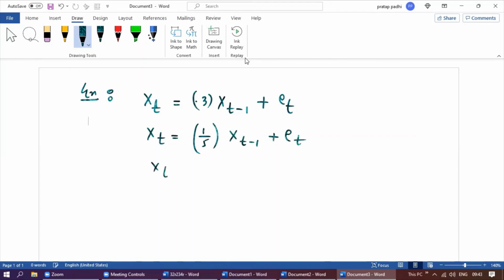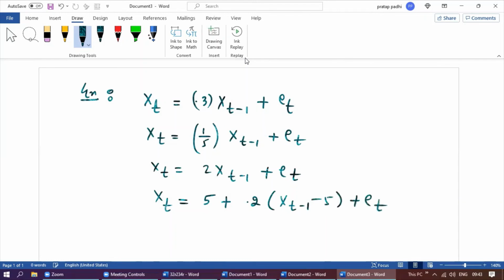If I write xt is equal to 2 xt minus 1 plus et, then I will write xt is equal to 5 plus 0.2 xt minus 1 minus 5 plus et. All these are AR1 processes, okay.